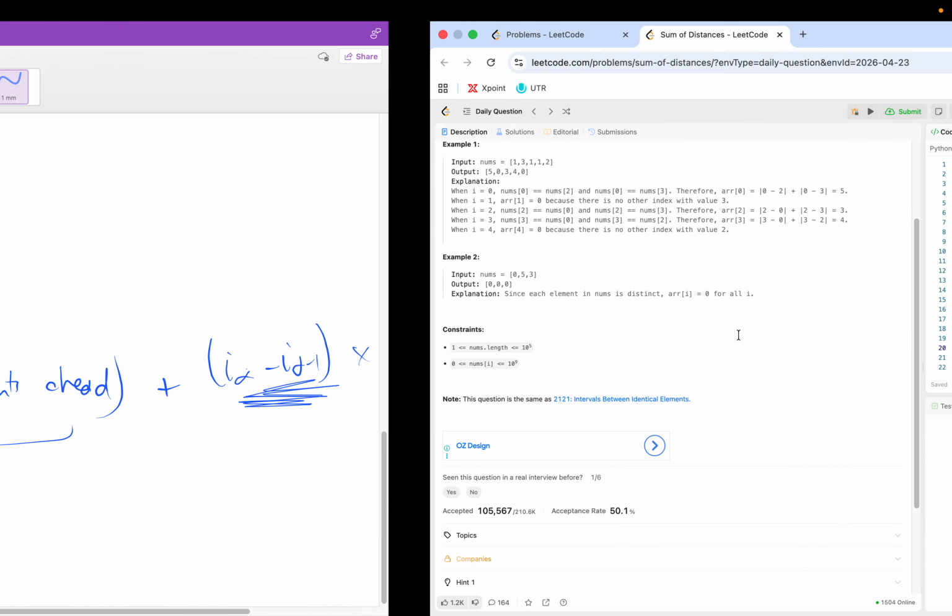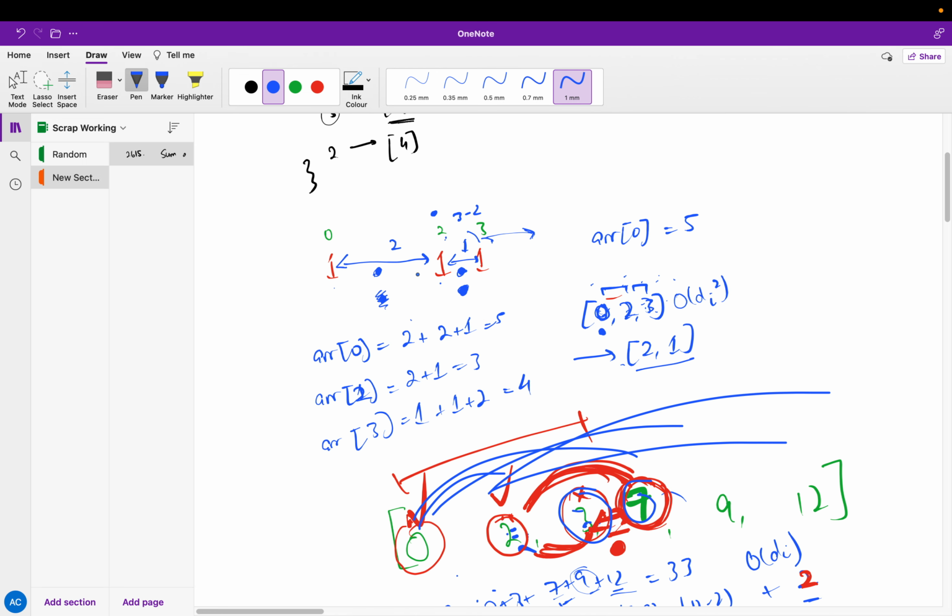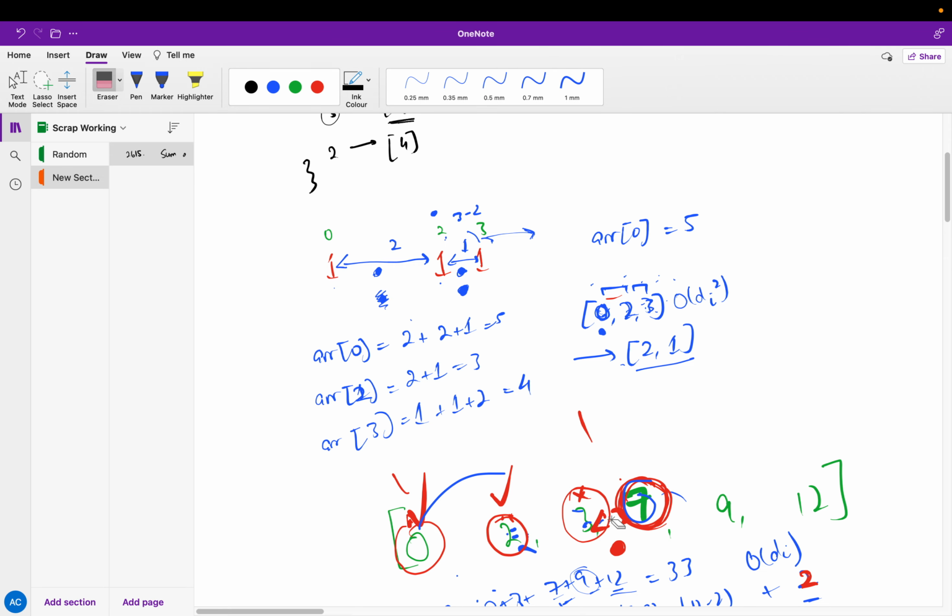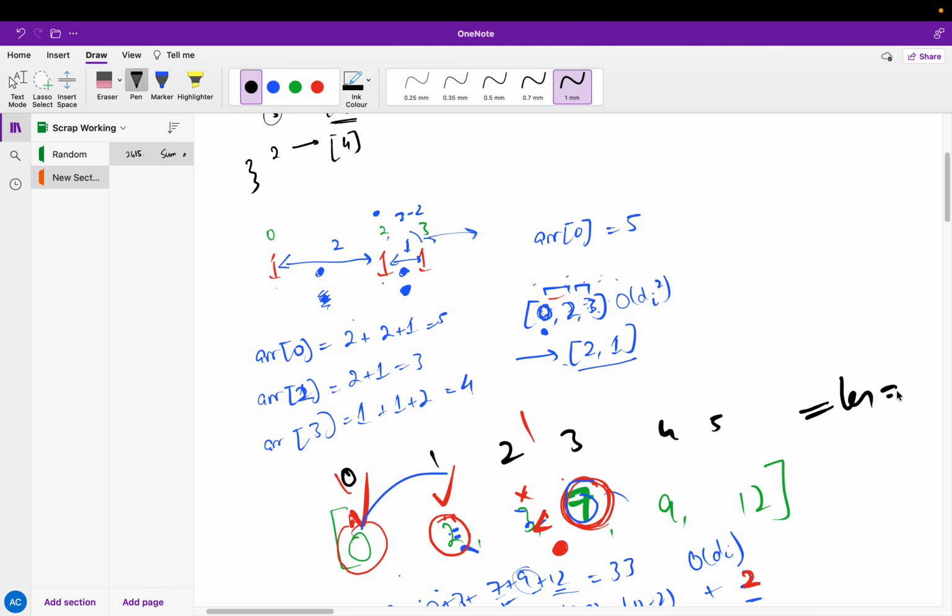So for example, looking at my rough working, the indices, the I values will be 0, 1, 2, 3, 4, and 5, with the length being equal to 6.